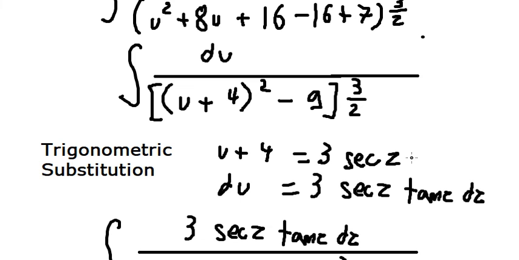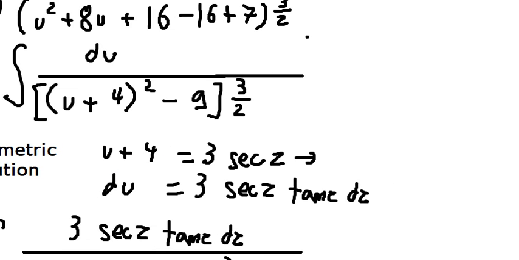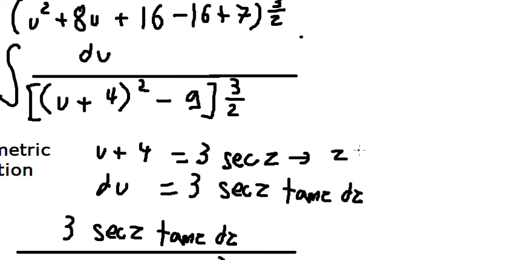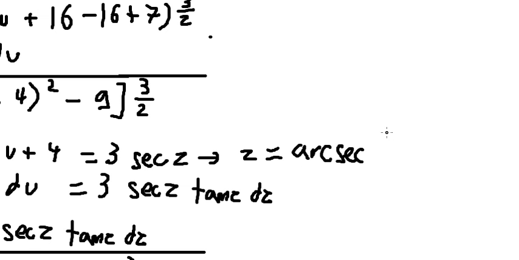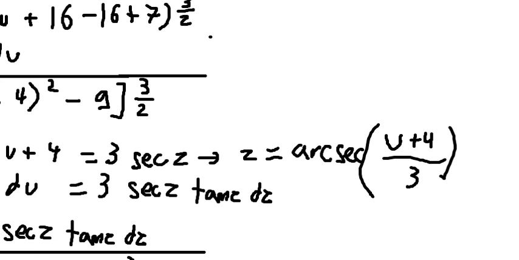So we divide both sides by number 3, and we get z equal to arc secant of u plus 4 over 3. So we put this one in here.